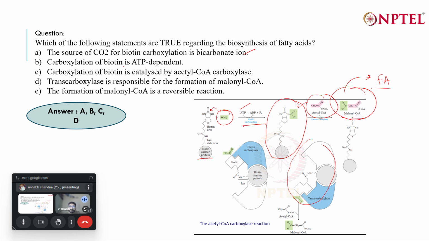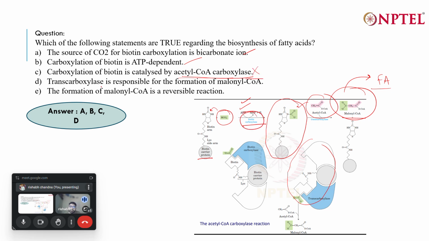Then carboxylation of biotin is ATP dependent. Yes, this is also correct, as this is the first step. Carboxylation of biotin is catalyzed by the enzyme acetyl coenzyme A carboxylase. No, actually it is catalyzed by the enzyme biotin carboxylase, so this is false.